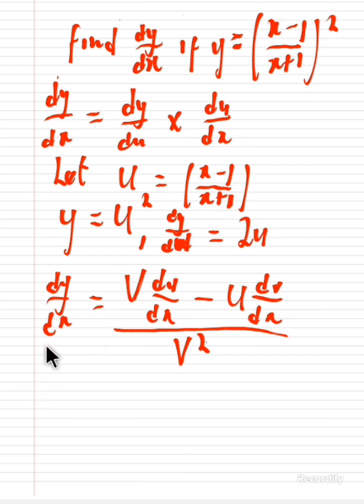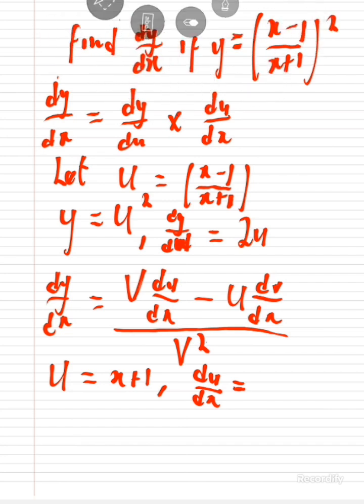So now my u is equals to x minus 1, and if you differentiate u with respect to x, that is, you differentiate this x with respect to x, now I'm going to obtain 1. And if you differentiate the constant, this is negative 1, sorry, and not positive 1.